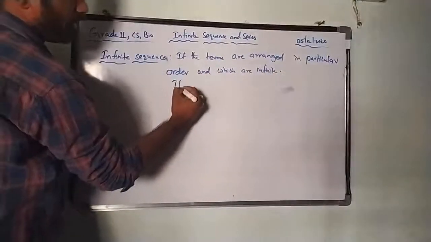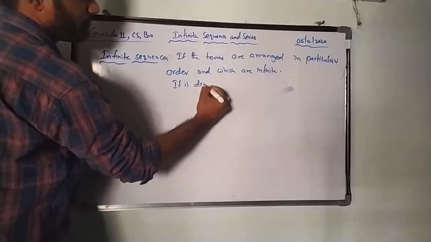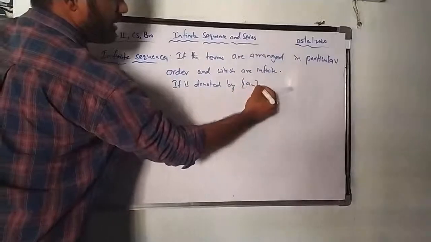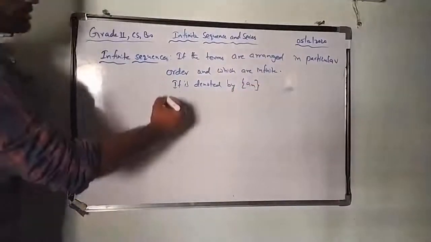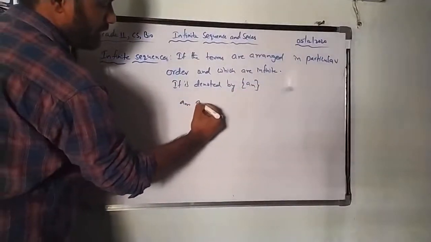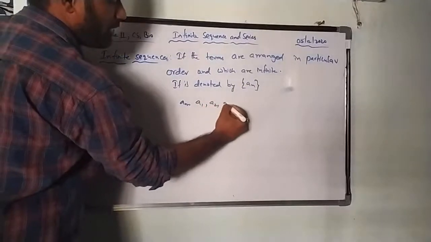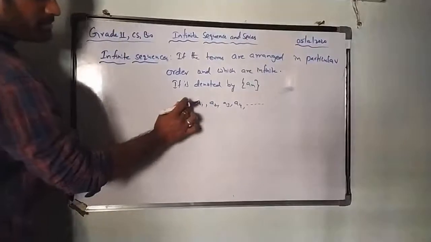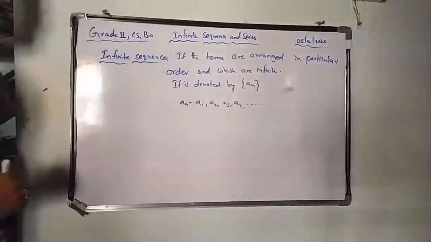It is denoted by an. So we can get an is a1, a2, a3, a4, and so on. We have infinite terms since it is an infinite sequence.